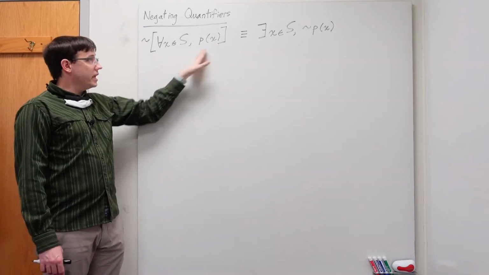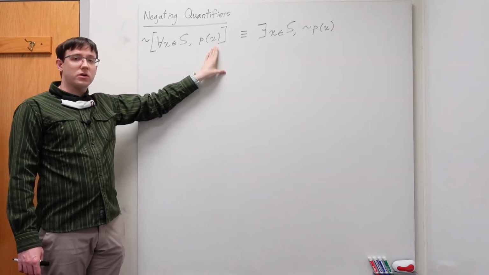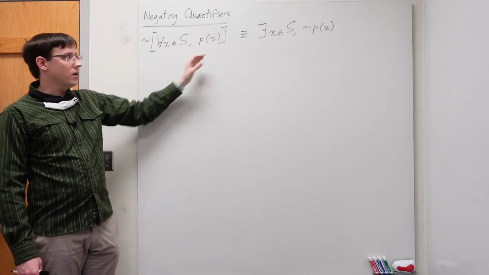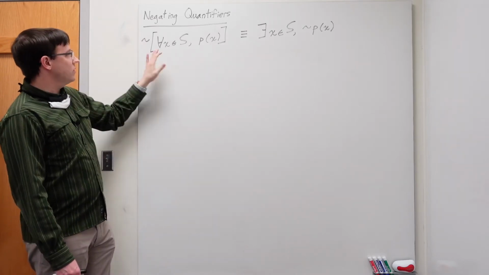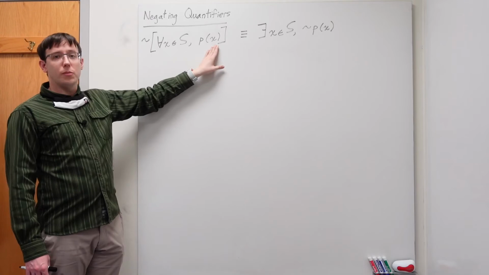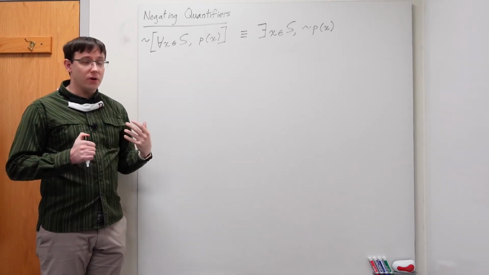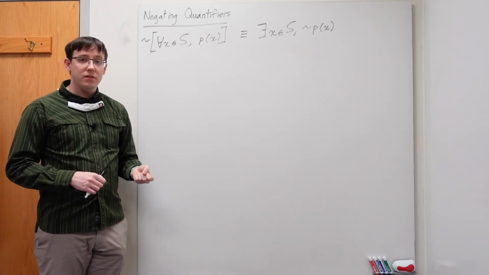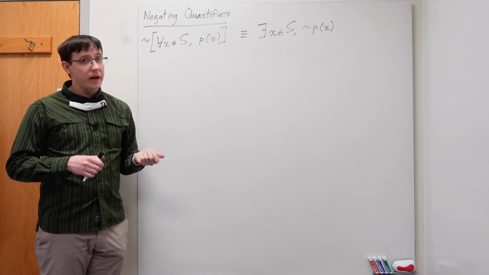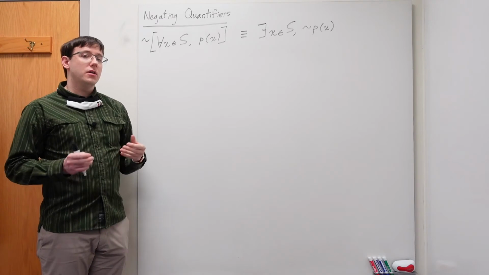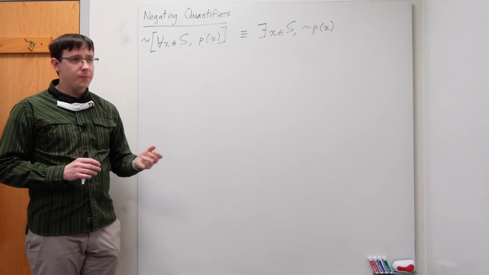But then we are negating that for all claim. So we are saying here, it is not the case that for all elements the property holds. And if it's not the case that the property holds for all elements, that means that there must be at least one element for which the property doesn't hold.